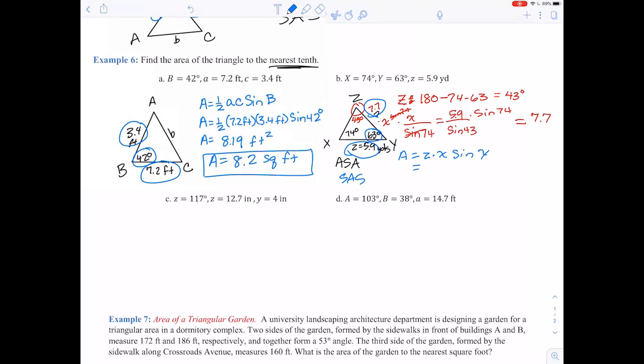So we'll substitute in here. Z is 5.9. Oh, wait, we need a 1/2 here. Let's clean that up: 1/2 of Z times X times the sine of Y.